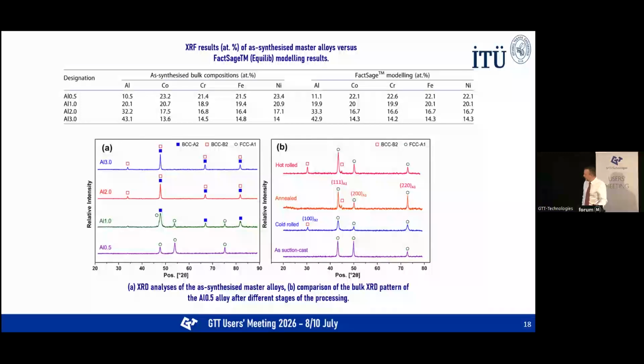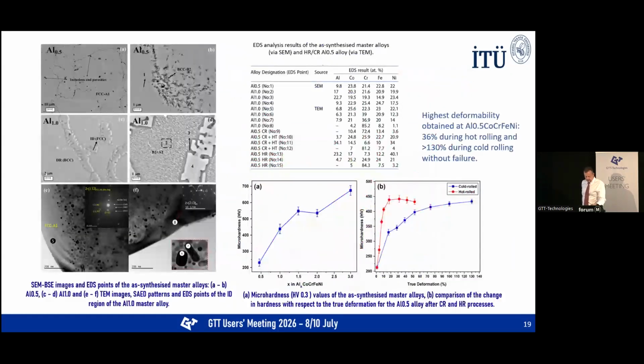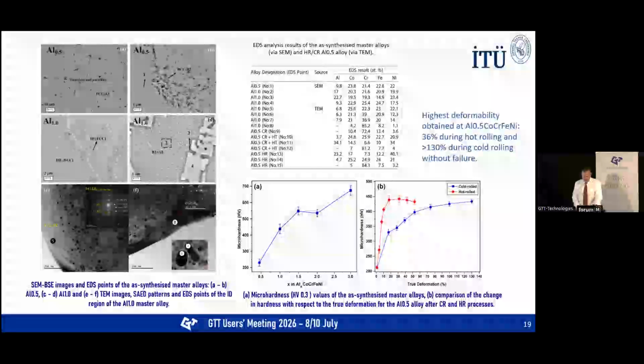For example, for the 0.5 alloy, it exhibits mainly FCC structure, while increasing aluminum gradually promotes the formation of BCC and B2 phases. Again, SEM, TEM, and EDS analysis were in good agreement with the FactSage predictions, confirming the expected phase evolution and microstructure.